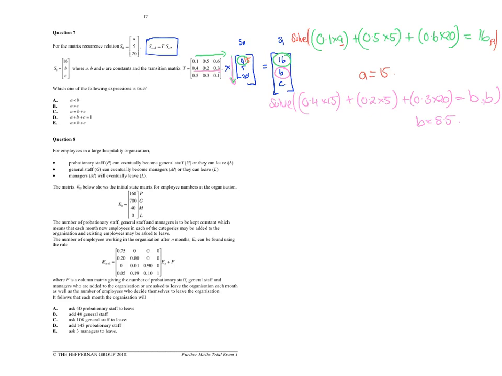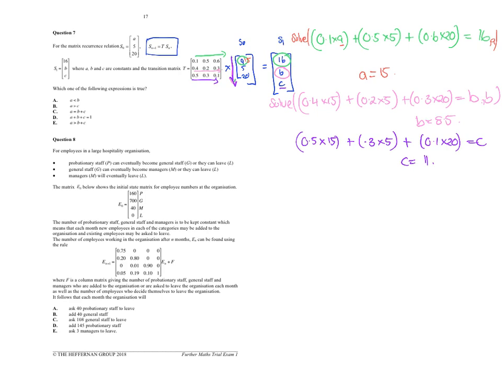And then you do the same thing for the last one, where you go that row down, and that will give this C. So you will have 0.5 times 15 plus 0.3 times 5 plus 0.1 times 20, and that equals C. You get C equaling 11, and then you have a look at all these answers.